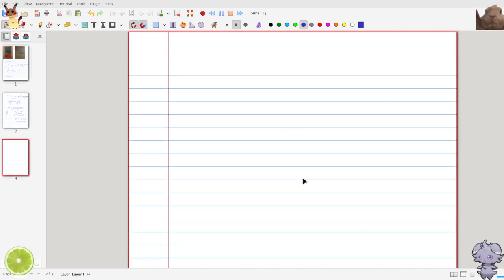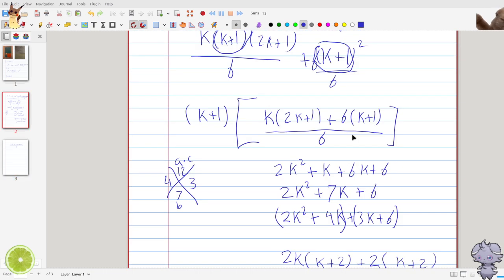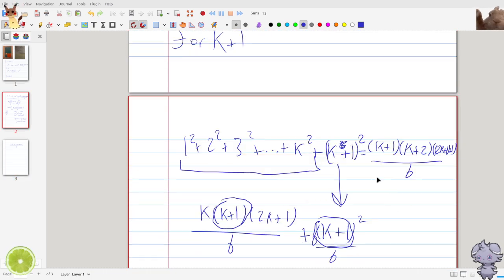It will be k plus 1 multiplied by k plus 2, multiplied by 2k plus 3, all over 6. And this is actually our term. It is similar to the term that we wanted.